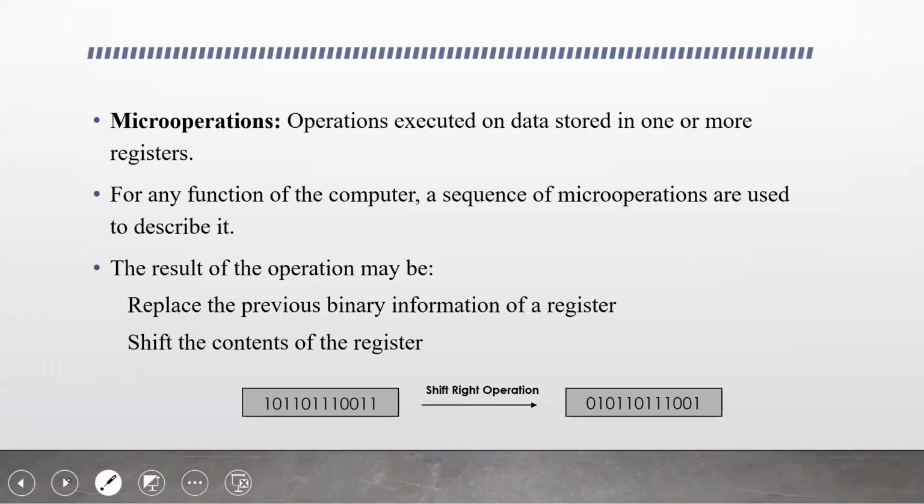If you take multiplication, that particular function the computer performs is a combination of many elementary operations. Many elementary operations are performed, and all together they finally give us the result of multiplication.